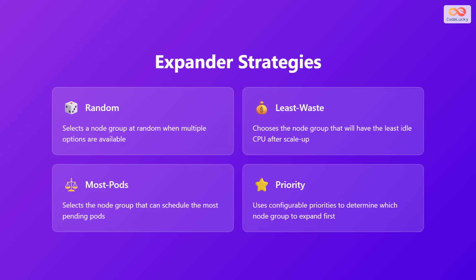The most pods strategy selects the node group that can schedule the most pending pods at once. Finally, the priority strategy uses configurable priorities that you define to determine which node group should be expanded first. You can choose the strategy that best fits your infrastructure and cost optimization goals.